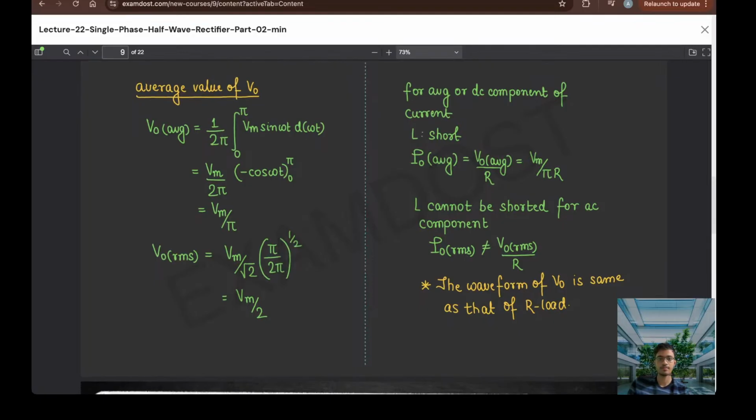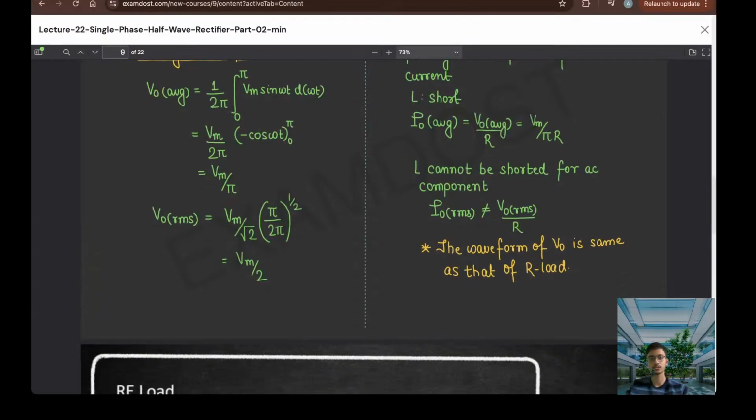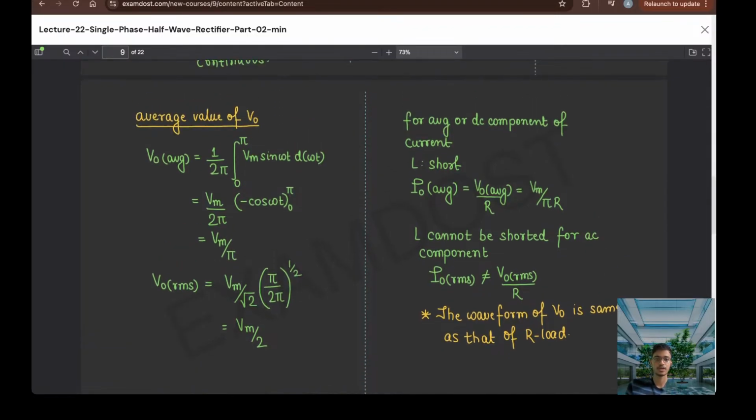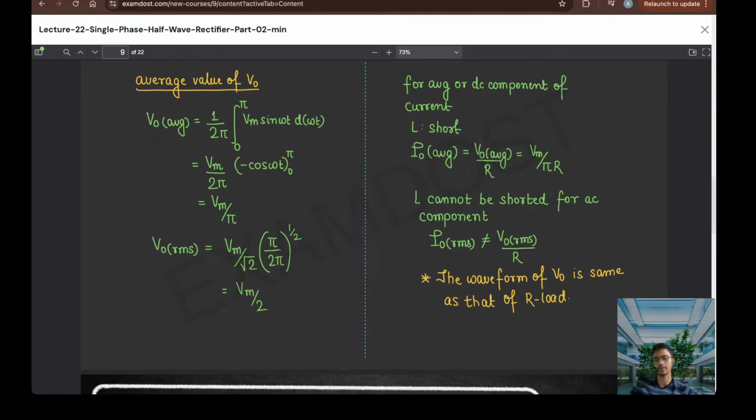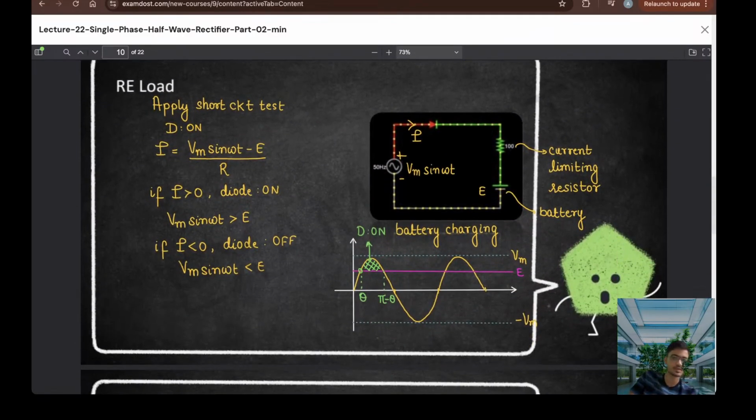So for RMS we cannot short the inductor, and I naught RMS would be V naught RMS by R. The waveform of V naught is the same as that of the R load, obviously we can see that.